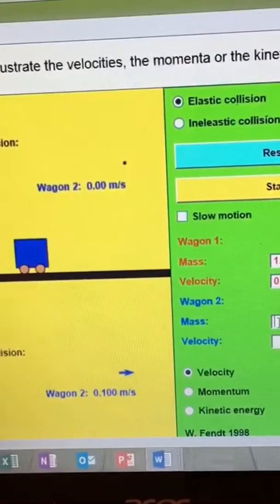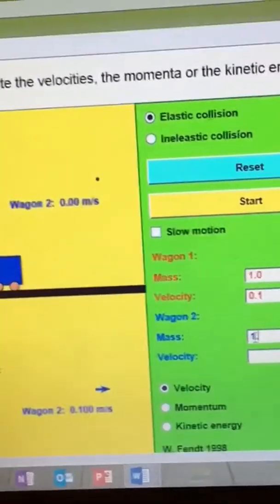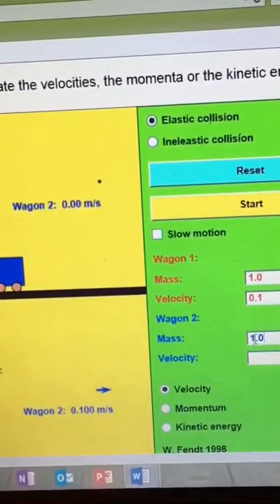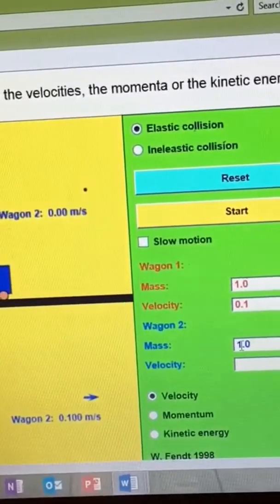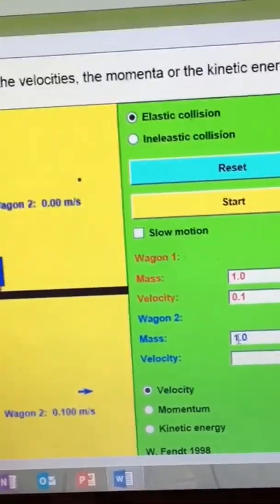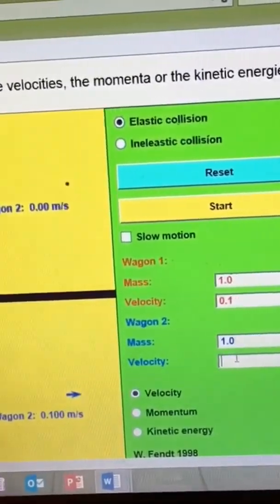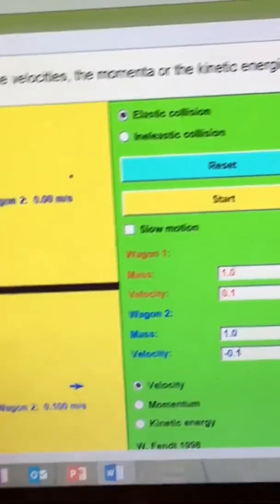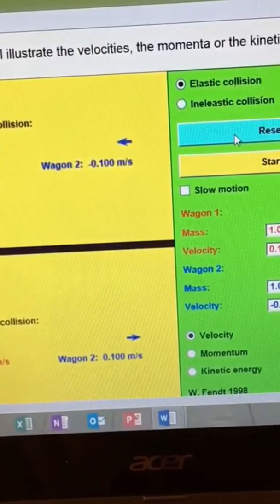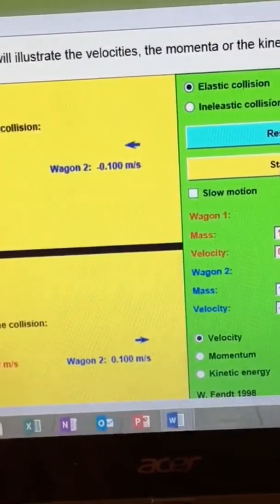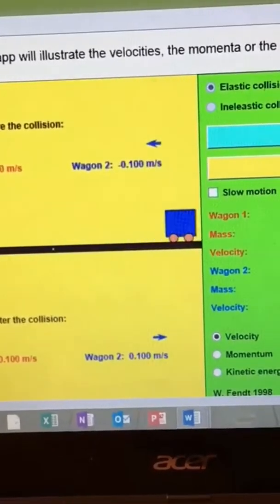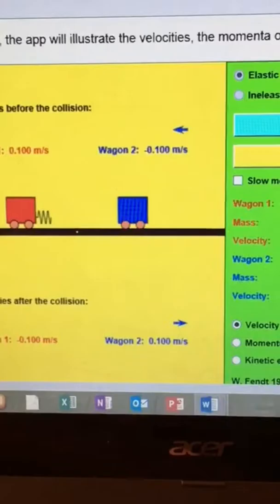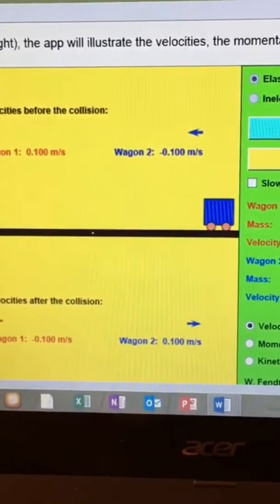We will set the blue cart to 1.0 kilograms, and we will set its initial velocity to negative 0.1 meters per second. I will hit the start button and we will watch both carts collide. As you see, both carts move.